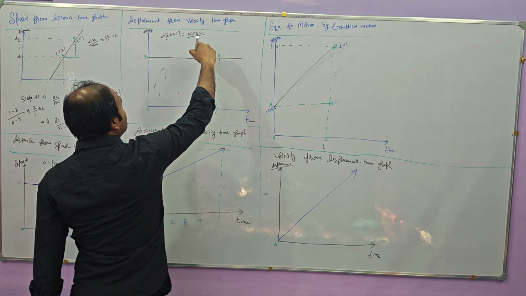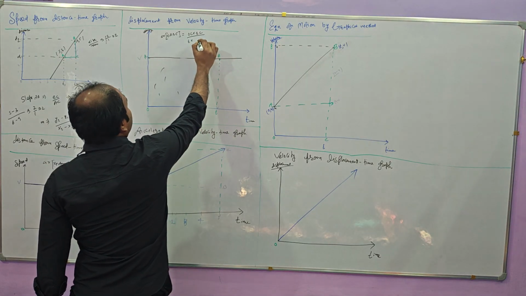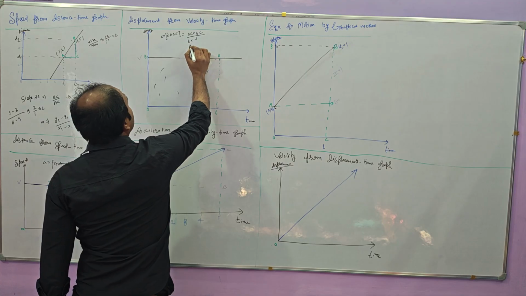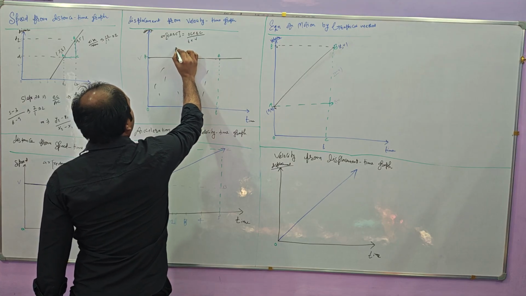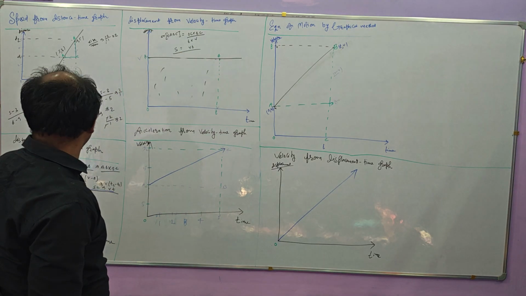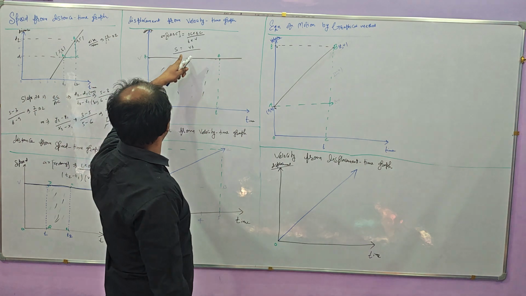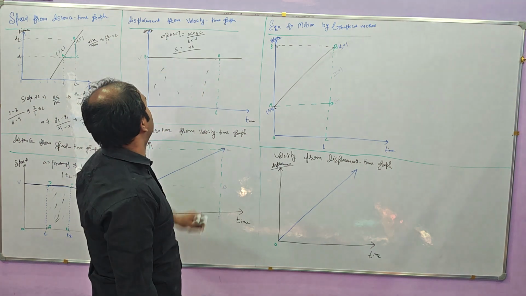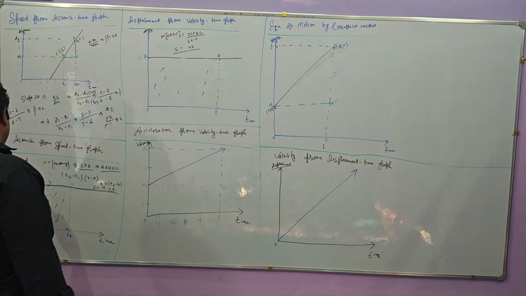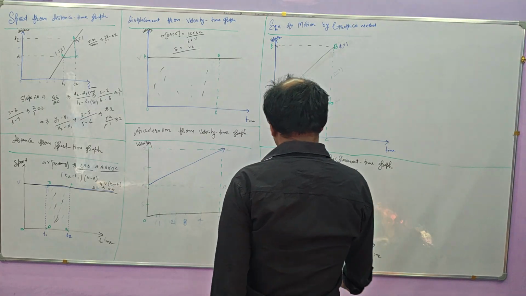OC is T and BC is B. We have area displacement s is equal to BT. When we talk about speed time, we have distance s is equal to vt. When we talk about displacement, we have s is equal to vt. There is a slight change: here we are talking about distance and here we are talking about displacement.